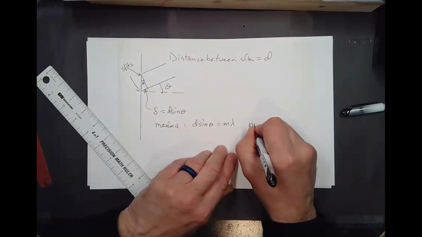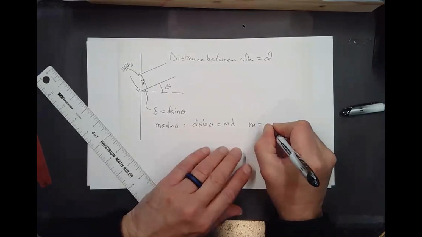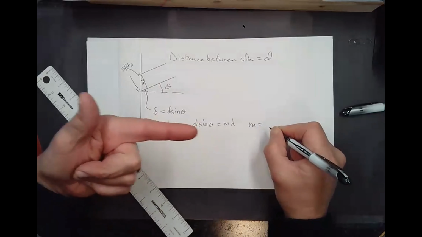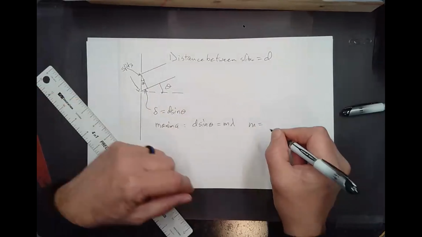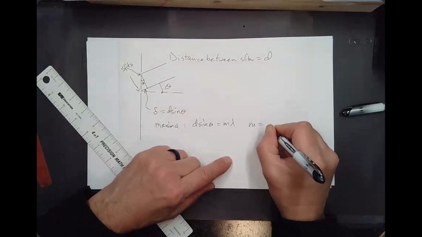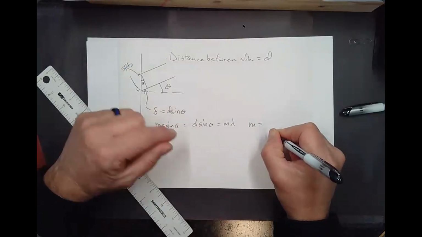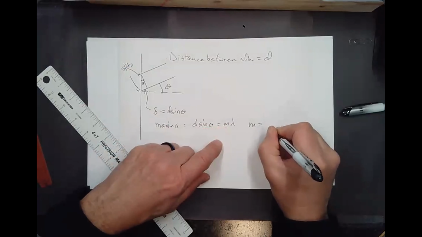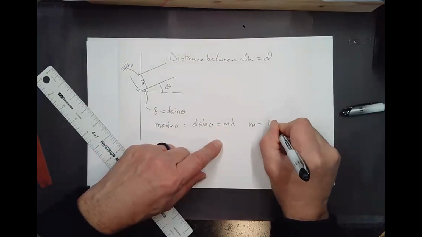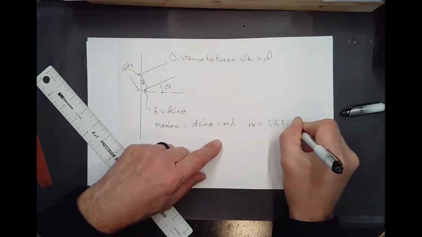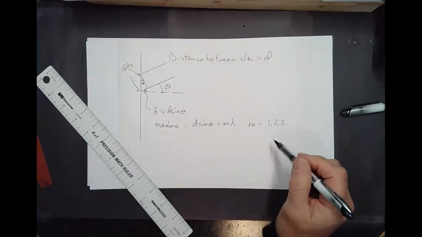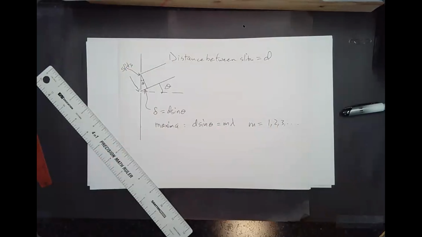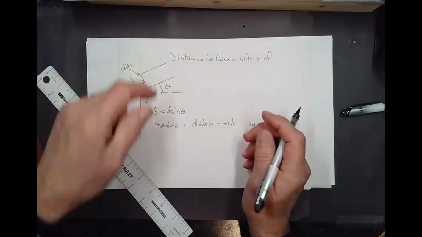And here m is equal to, you can include 0 if you want to, although the central maximum is when sine theta is 0. So if you're going at some angle other than 0, you can't have an m value of 0. But you can think of it being 1, 2, 3, and so on. And you can actually have plus or minus 1 if you want to have negative angles as well. So that would be down in this direction.